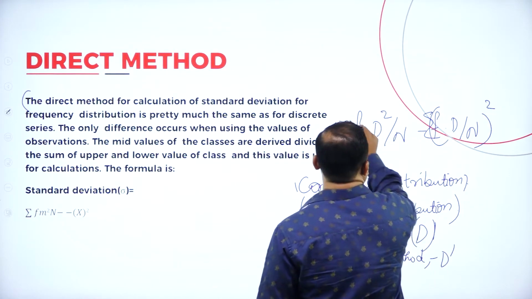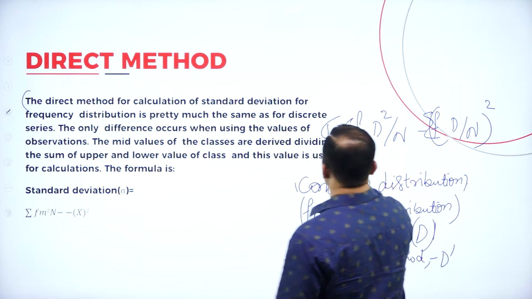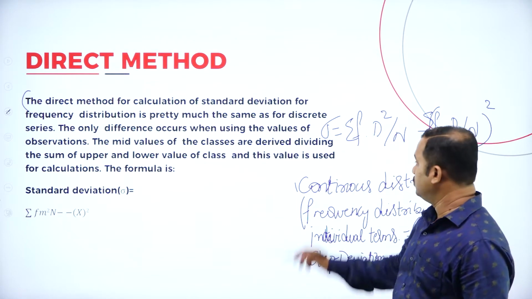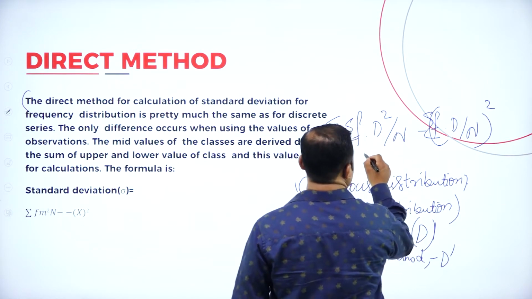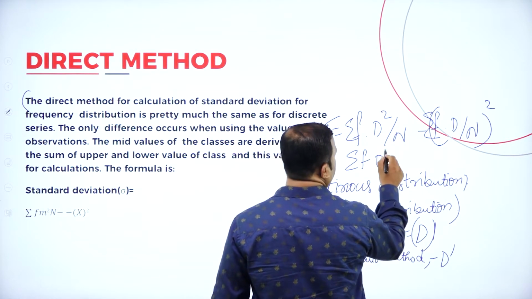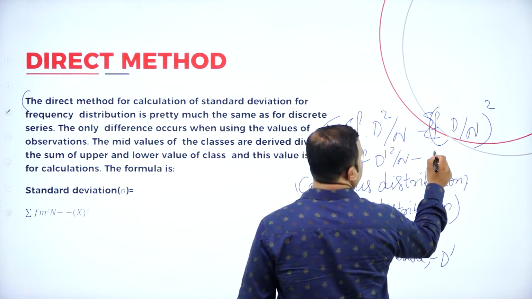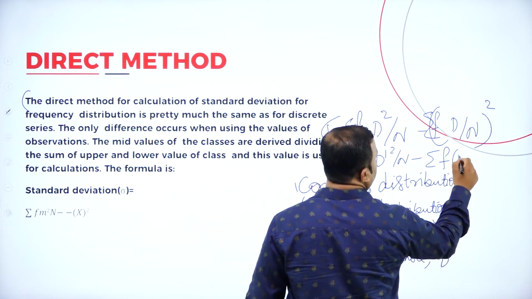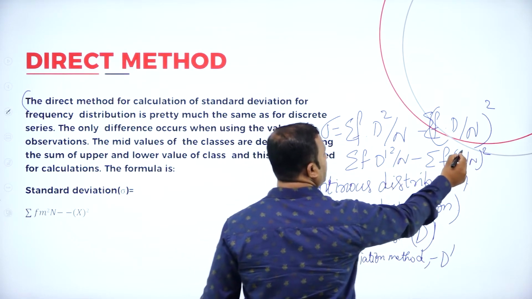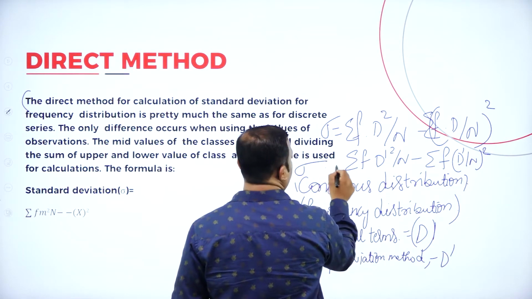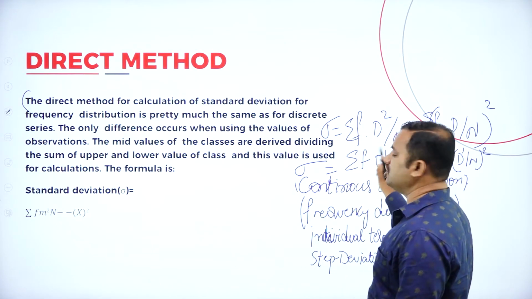That gives me the standard deviation using the shortcut method. Similarly, if I introduce summation f into d dash square by n minus summation f into d by n whole square with d dash, that gives me the shortcut method using the step deviation method.